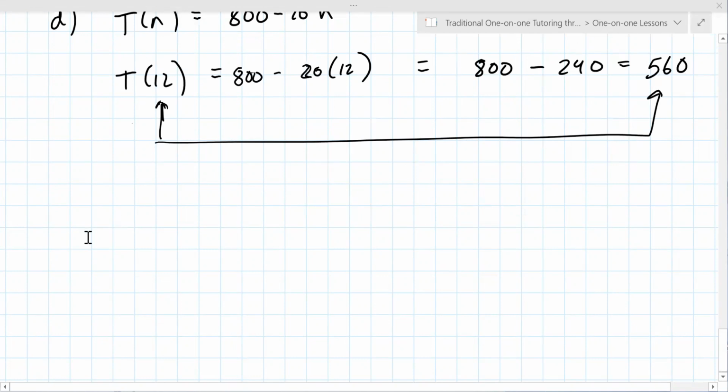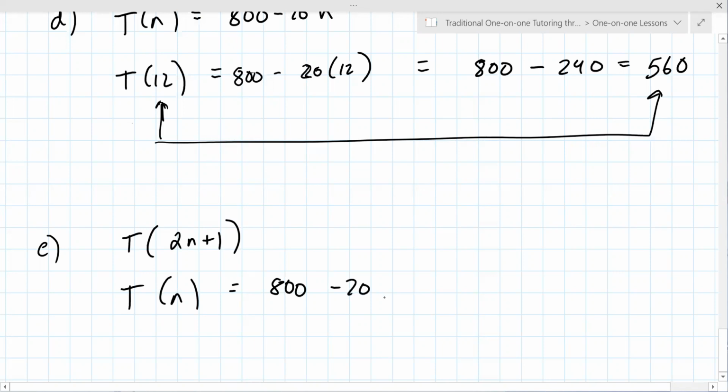No, definitely not. Okay. So part E here, we want to find T of 2h plus 1. Okay. So if T of h is 800 minus 20h, I keep using the wrong one. This time when you're finding T of 2h plus 1, would I actually write h in the parentheses?